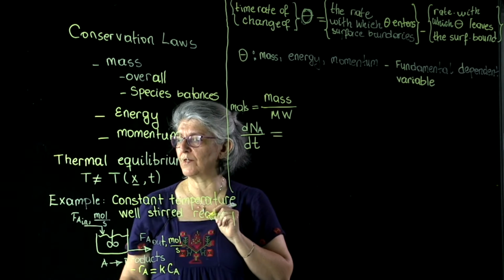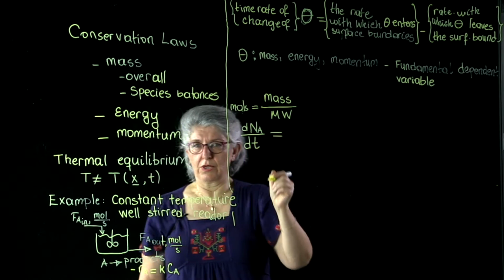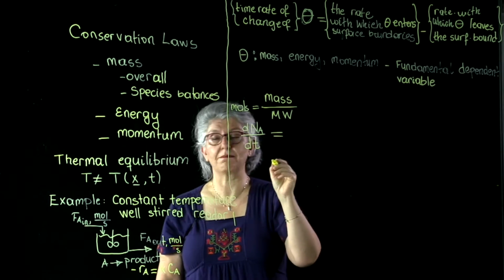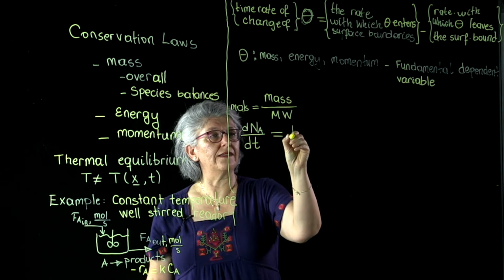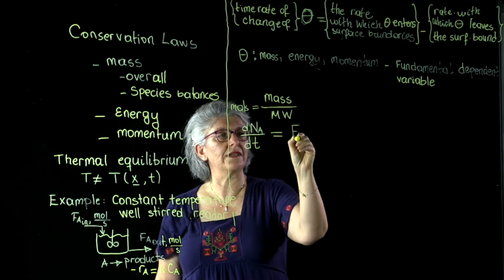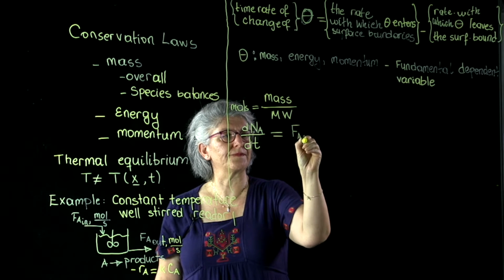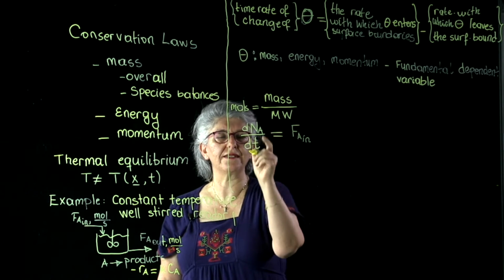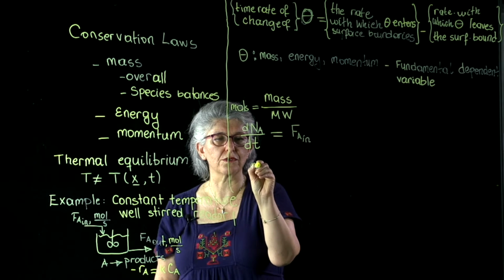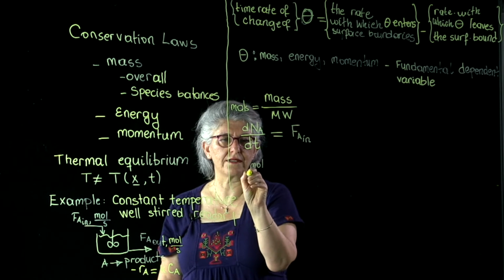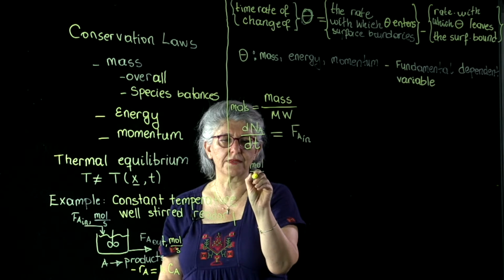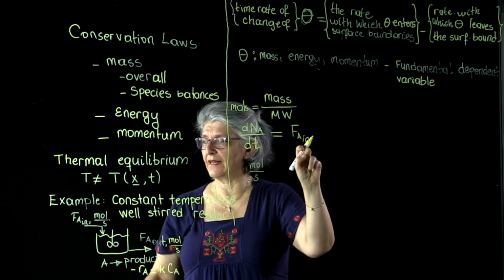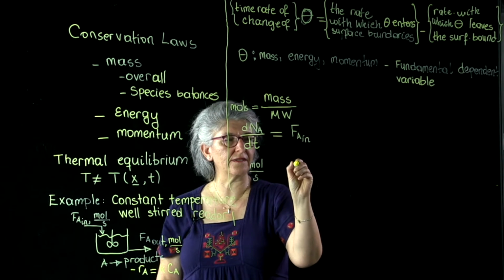The rate at which A crosses the system boundary, it crosses the system boundary with this rate. Let's check the units. N_A is moles, t is time. Let's use second in terms of units. F_A in is mole per second.